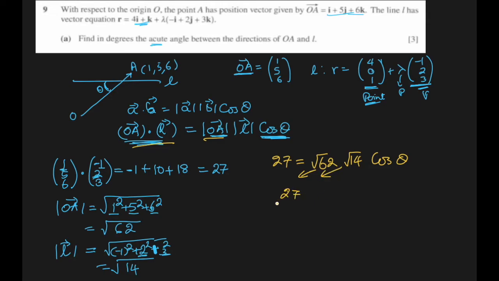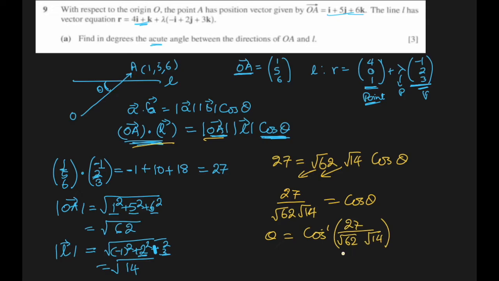So 27 divided by square root 62 times square root 14 is equal to cos theta. Theta is cos inverse of 27 over square root 62 times square root 14. You can write it outside, no problem. Leave everything to your calculator.